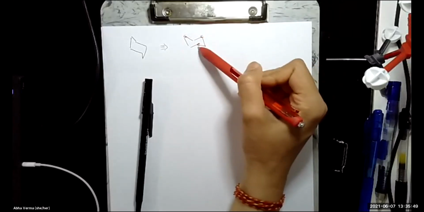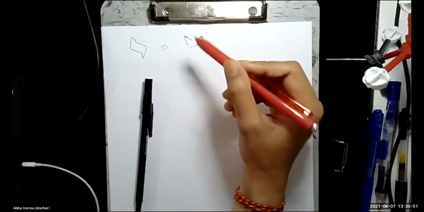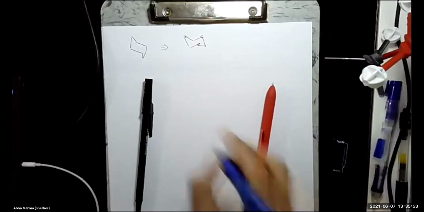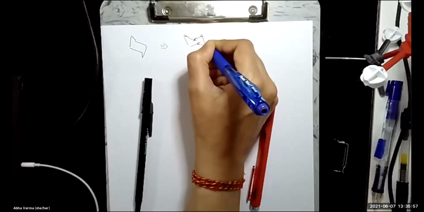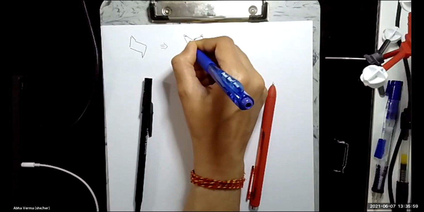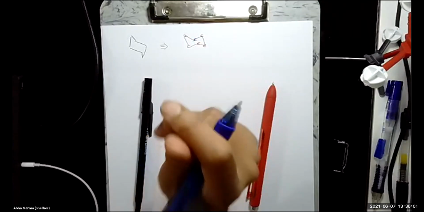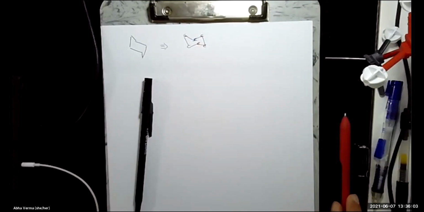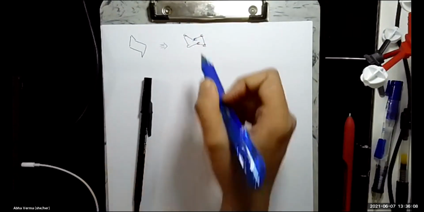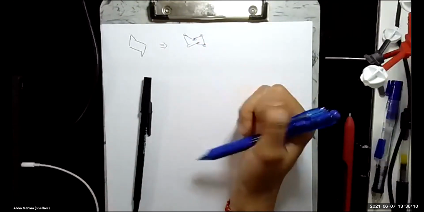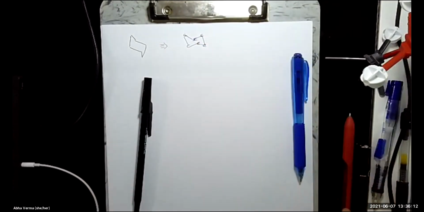So 1, 3, and 5 carbons are pointing up, whereas 2, 4, and 6, these carbons are pointing down. Now, how did I do the 1, 2, 3, 4, 5, 6? You can start from any carbon as long as you know which carbons are pointing up and which carbons are pointing down.